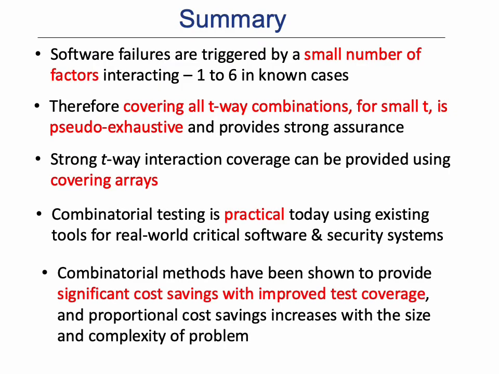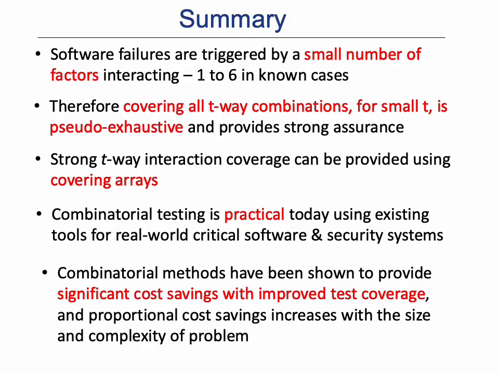So a quick summary of what we have shown in this tutorial. The first consideration is that the empirical data show that software failures are triggered by a small number of factors, most by a single factor or two factors interacting, and progressively fewer by three or more, and almost always less than 6 or 7 at most.